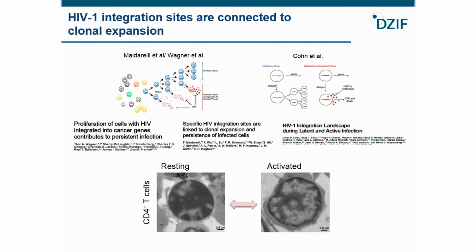So the reasoning was, if we have now this virus which is not active, it's probably happening in these resting cells. Do we see differences if we compare patient data with primary CD4 infections performed in vitro, so like 3 or 4 days upon infection?